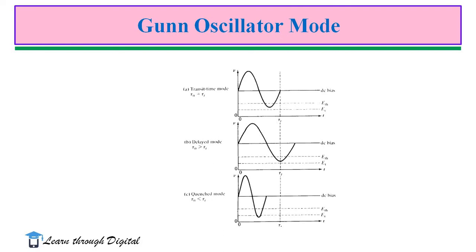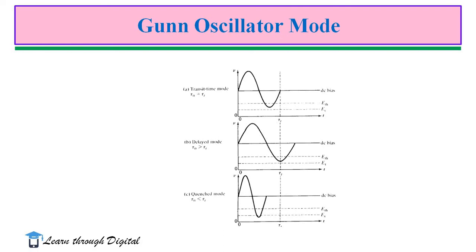Third one is quenched domain mode. That means the fL is greater than 2 times 10^7 cm per second. In this mode, if the bias field drops below the sustaining field ES during the negative half cycle, the domain collapses before it reaches the anode. When the bias field swings back above threshold, a new domain is nucleated and the process repeats.